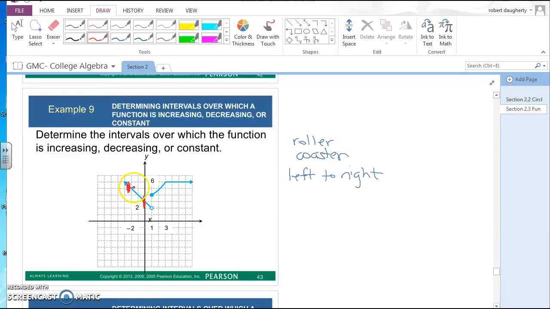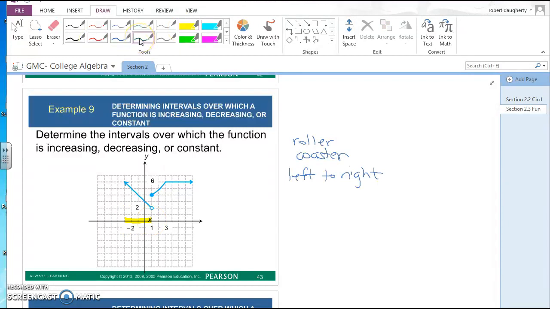If I travel from that first red mark to the second red mark, did I go up or down? You go down, so that is called decreasing. So we can write for this function, if I travel from this point to this point, that's the interval where I am decreasing.